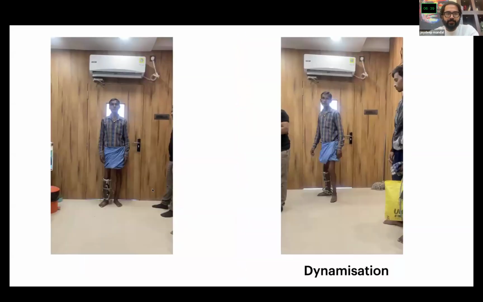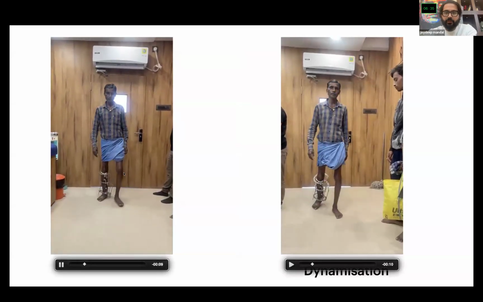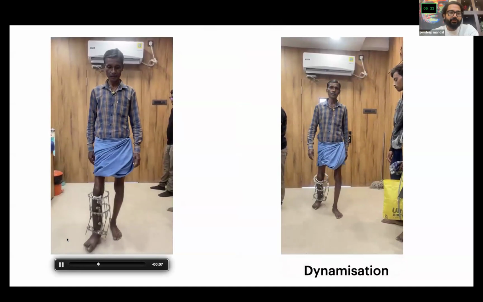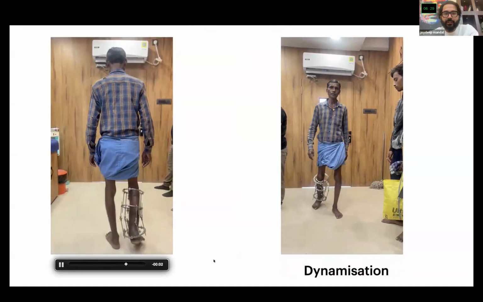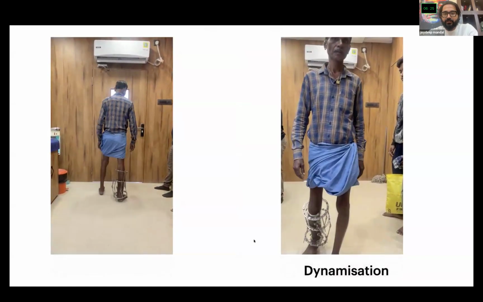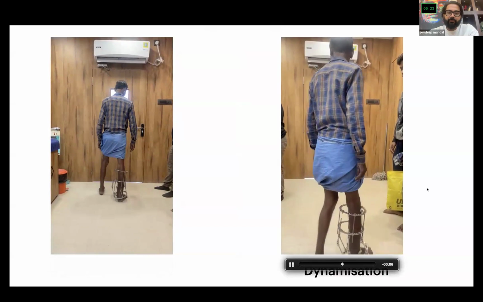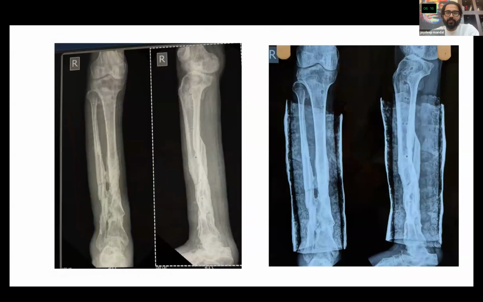So I asked the patient to check his gait. The gait has significantly improved over the past months, and this is the gait after dynamization. So I decided to remove the frame and applied a PTB cast. In the next 1.5 months, the fracture has completely healed.